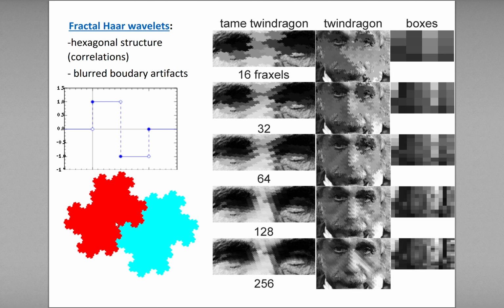Then we can imagine that this fractal is split in half, and again a new high-level parameter gives the difference between the mean of this quarter and this quarter, and so on. So this is kind of similar to Haar wavelets, but using these fractals instead of just squares or rectangles.